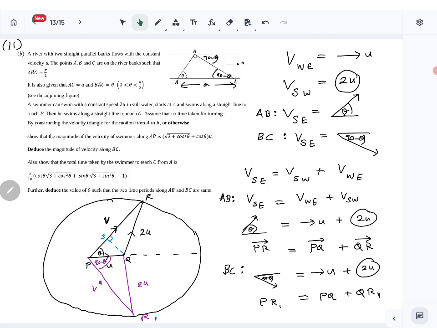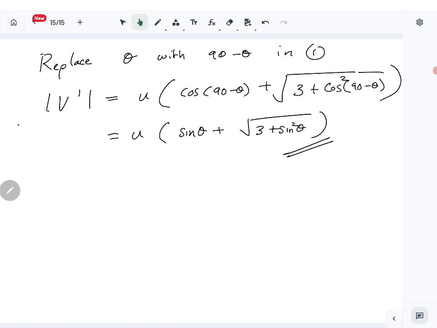Then what are you supposed to do? Also show that the total time taken by the swimmer to reach C from A is this. So we need to find the AB time plus BC time. So that is the total time. Total time equals time AB plus time BC.